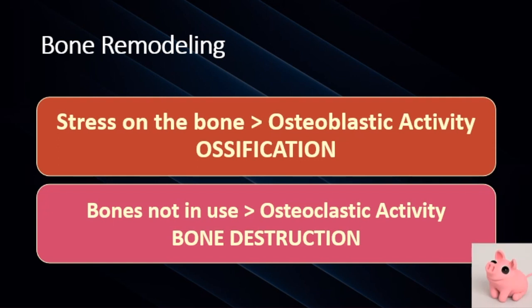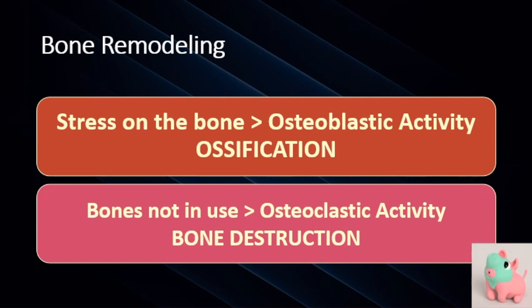So, for example, if your patient is immobile, take note that the tendency is that the osteoclastic activity will be higher compared to your osteoblastic activity, leading to bone destruction. In other words, patients who have been immobile for prolonged periods of time are at increased risk of bone destruction.